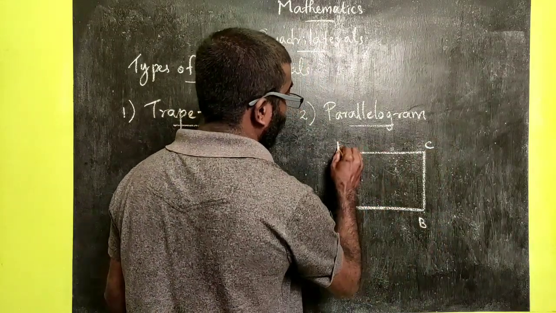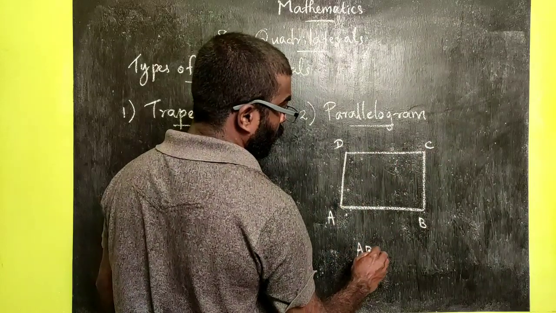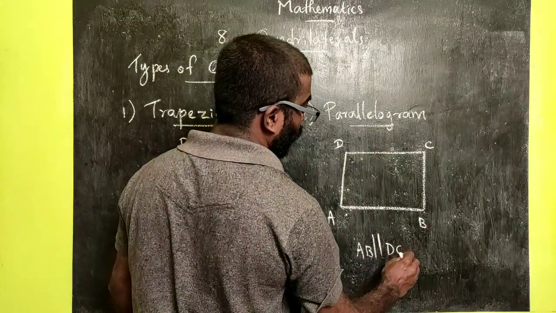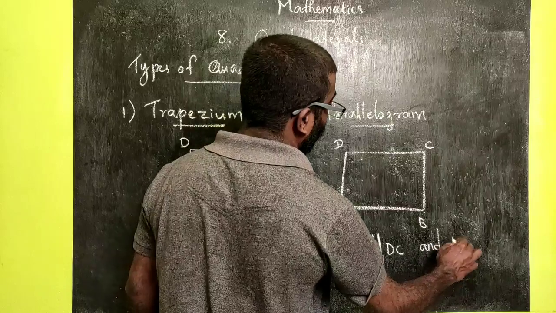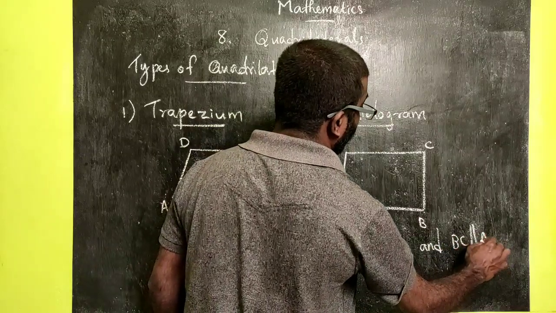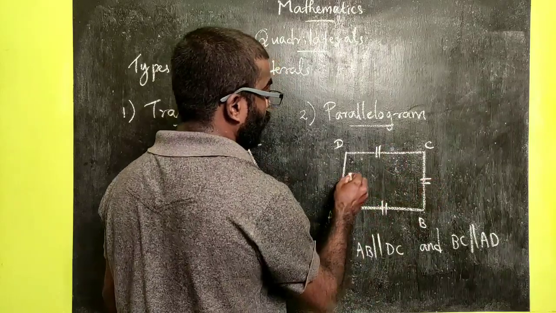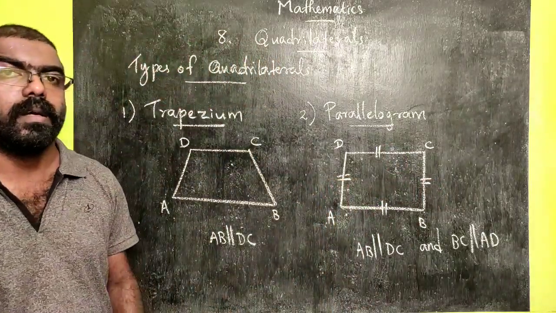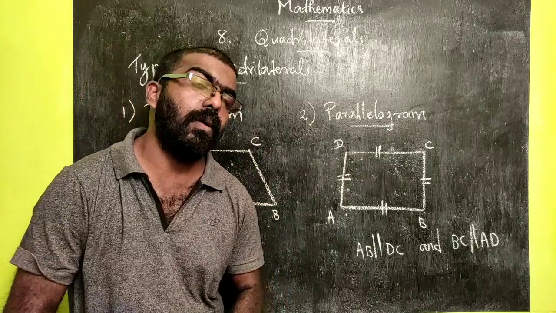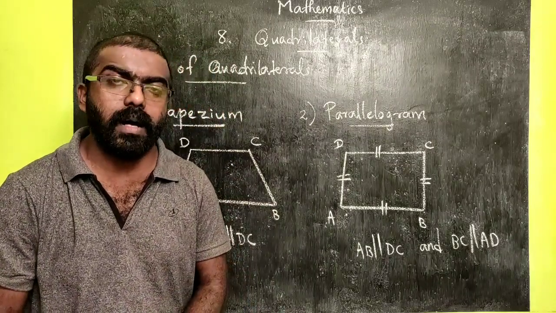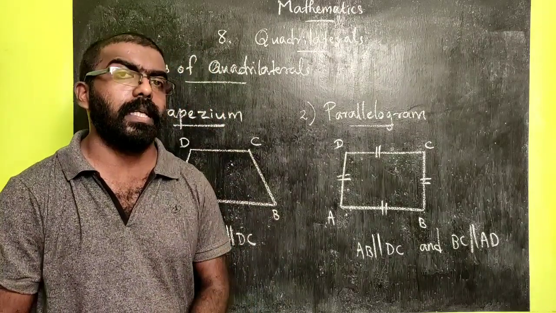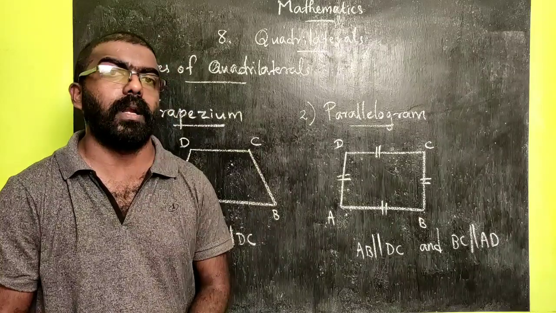So here AB is parallel to DC or CD and BC is parallel to AD. AB parallel to CD and BC parallel to AD. So if both pairs of opposite sides of a quadrilateral are parallel, then we can say it is a parallelogram.